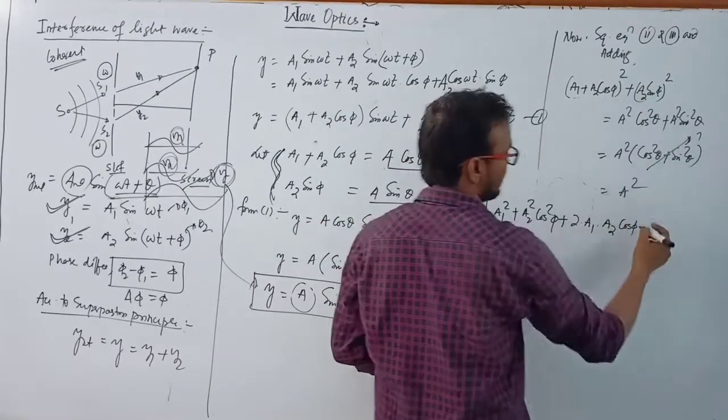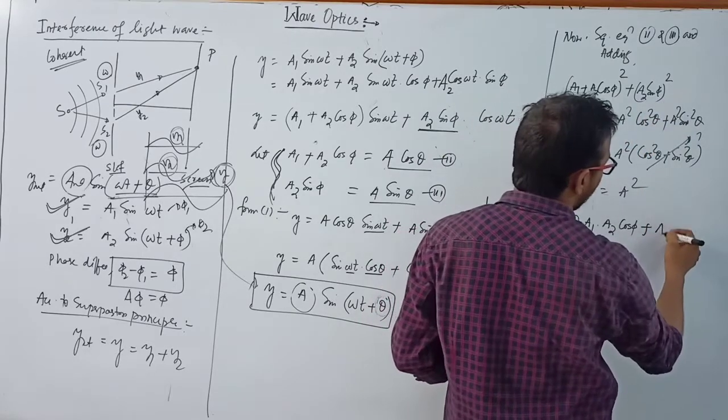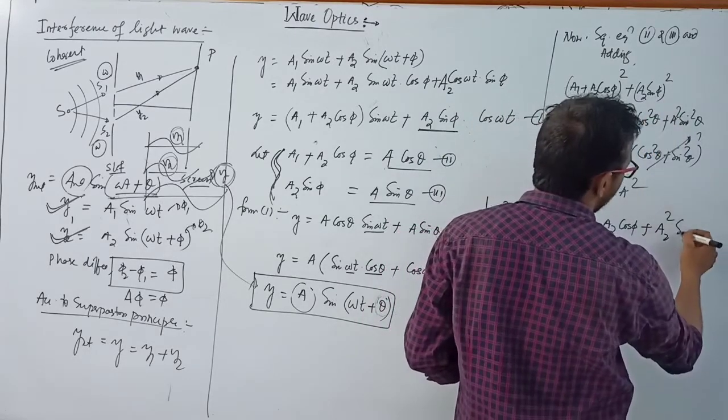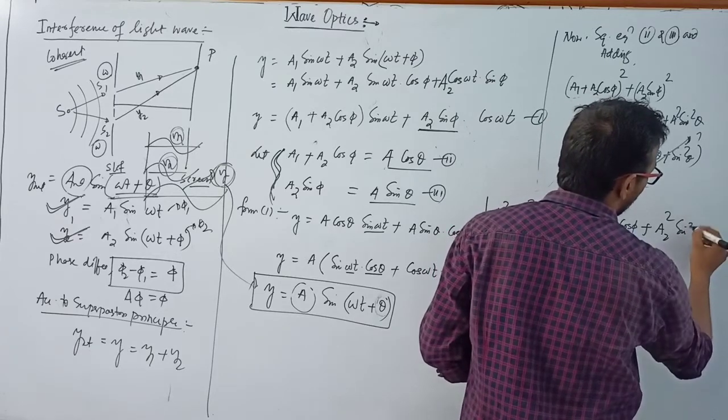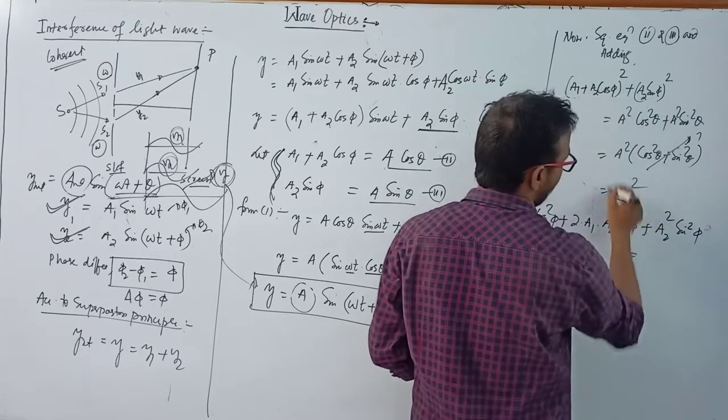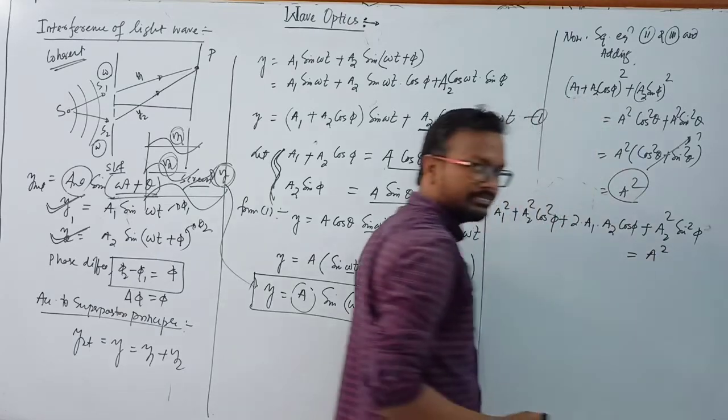Here a is a1, b is a2 cos phi. So a1 square plus 2 a1 a2 cos phi plus a2 square cos square phi, plus a2 square sin square phi, which is equal to A square.